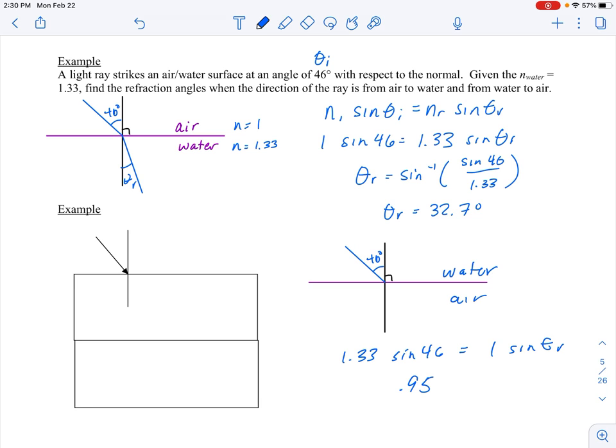And here, this number is 0.95. Now, what we're going to see in a little bit is if this number goes over 1, you can't do that. You can't take the inverse sine of a number greater than 1. So there are situations where the ray is reflected and not refracted. We'll look at that in a moment. But for now, I'll solve this one, and I get 73 degrees. So as it speeds up, it's bending away from the normal.